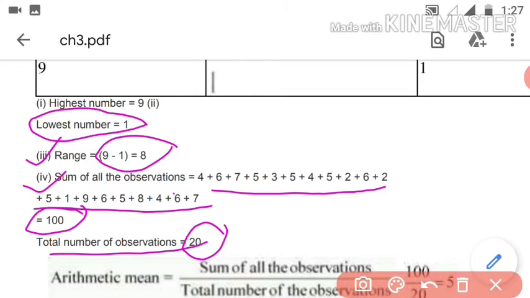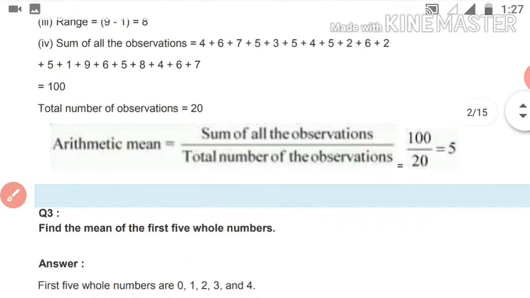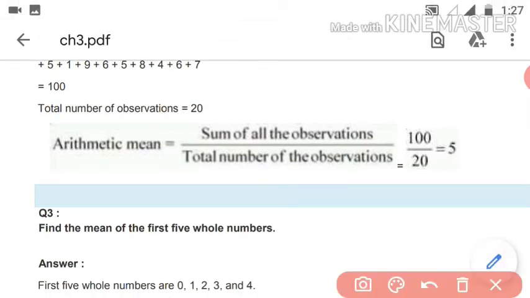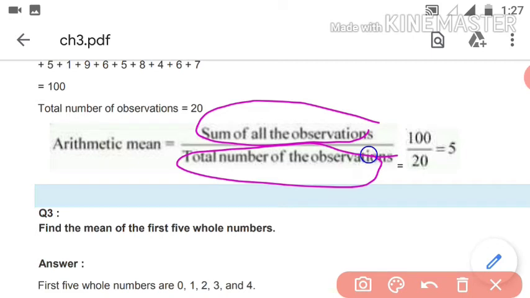How many students were there? 20. Now what is the formula? We know the formula of arithmetic mean is the sum of all the observations divided by the total number of observations. So the sum is 100, and the total number of observations is 20. So 100 divided by 20 is equal to 5. So the answer is 5. Hope you have understood.